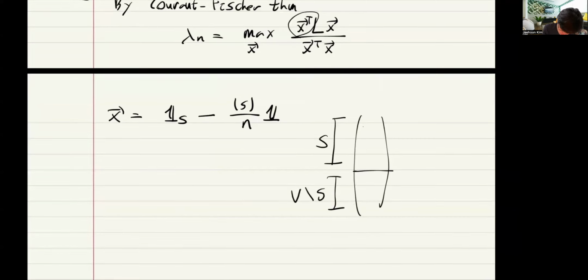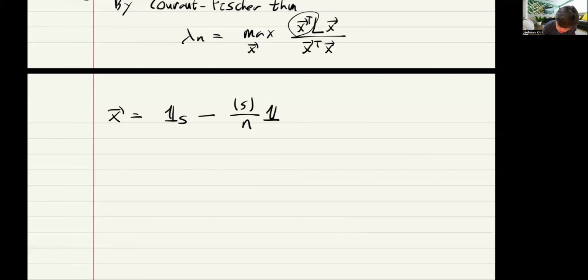Then here you have 1 minus |S| over n, all the coordinates are this way. And then here all the coordinates are this. So in other words, it's a vector which has two different values on S and outside of S. And then you choose this number in this way so that the inequality you get at the end is as strong as possible.